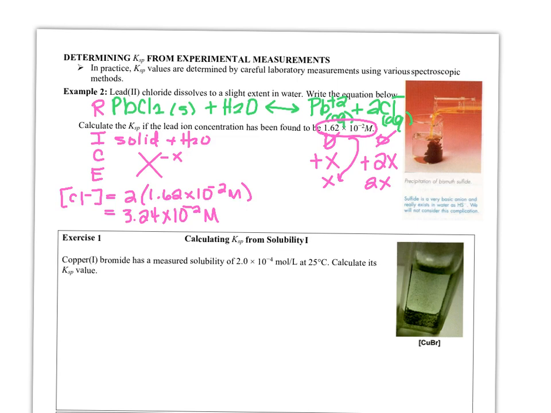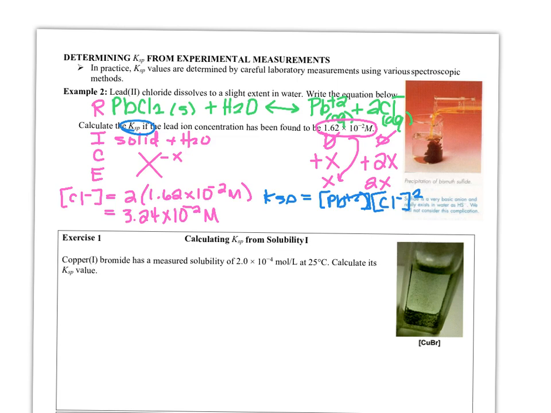I can do a quick, easy calculation to find the Ksp because that's really what I wanted, right? So my Ksp expression, we've already talked about previously, but Ksp is, in this case, the concentration of Pb2+ with brackets times the concentration of Cl minus, and keep in mind that's squared, right? So then all we have to do is plug in.